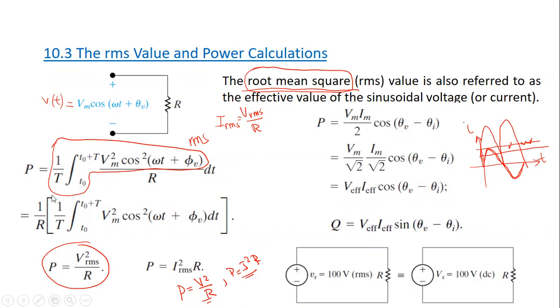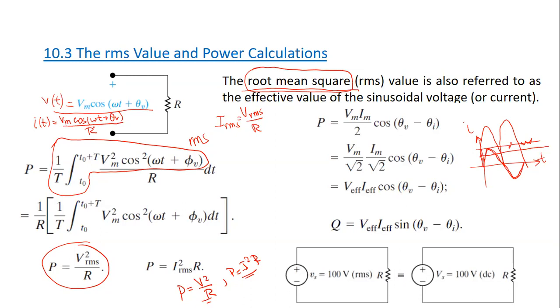The instantaneous power is the product of the instantaneous voltage times the instantaneous current, and the instantaneous current here is I of t equal to V maximum cosine omega t plus theta v over R.